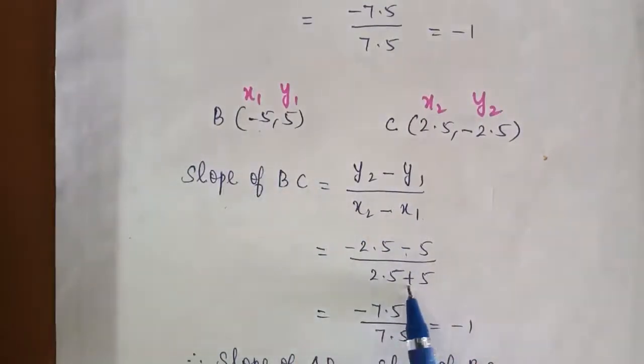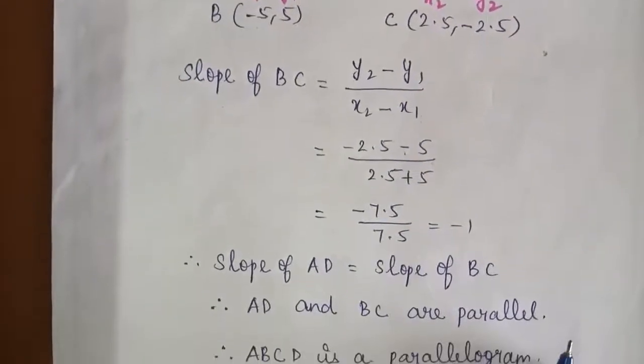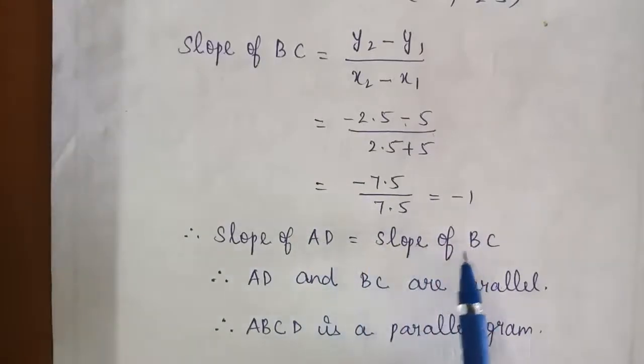So minus of minus is plus 5, which is equal to minus 2.5 minus 5 is minus 7.5, divided by 2.5 plus 5 is 7.5. If you cancel out, you get the answer is minus 1. Therefore, slope of AD is equal to slope of BC. Therefore, AD and BC are parallel.